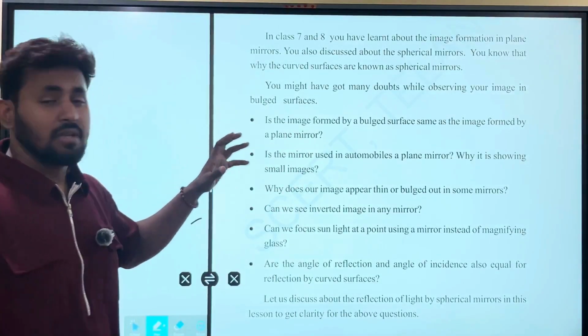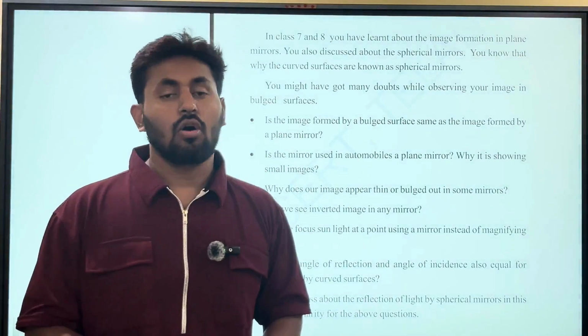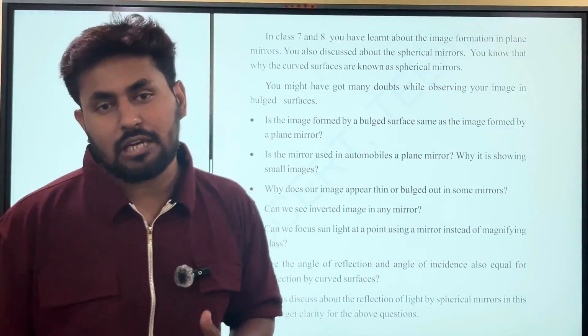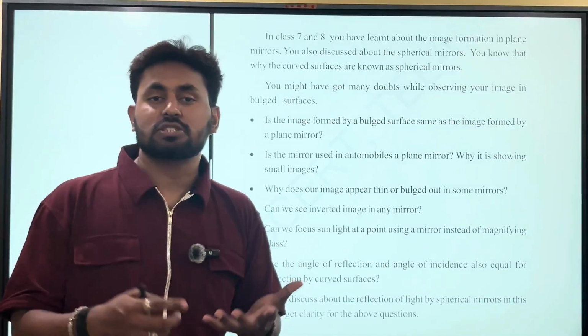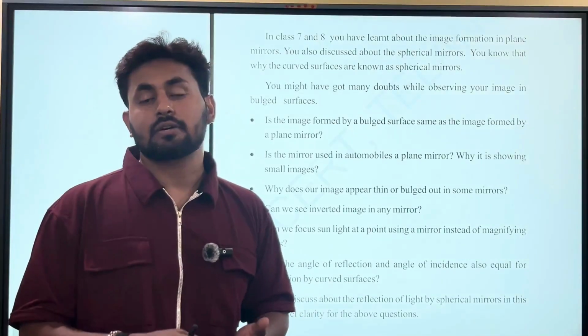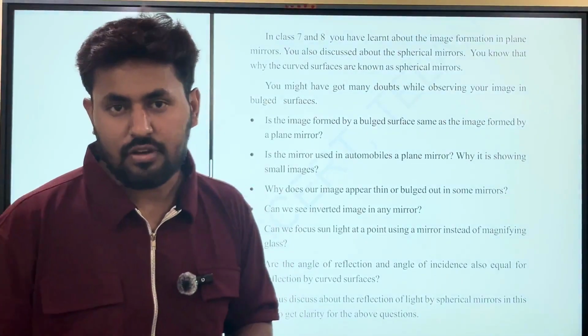In 8th grade or 9th grade you might have studied the characteristics of a plane mirror, what kind of image a plane mirror forms, and what the rules and laws of reflection are.